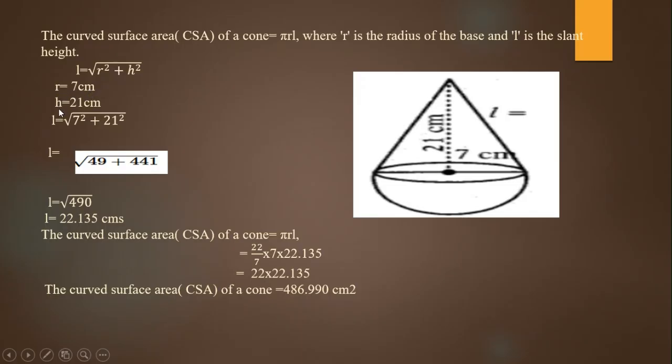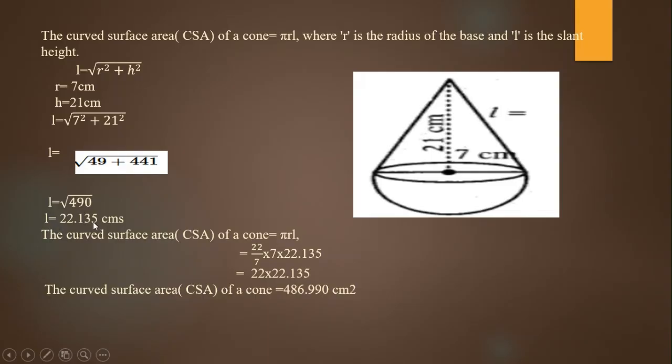R is 7 centimeters, H is 21 centimeters. So L is equal to root of r square plus h square, so 7 square plus 21 square, that is root of 49 plus 441, that is root of 490. So L is equal to 22.135 centimeters. We are able to find the slant height of the cone here.